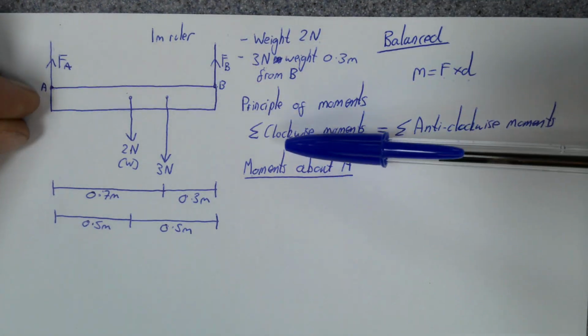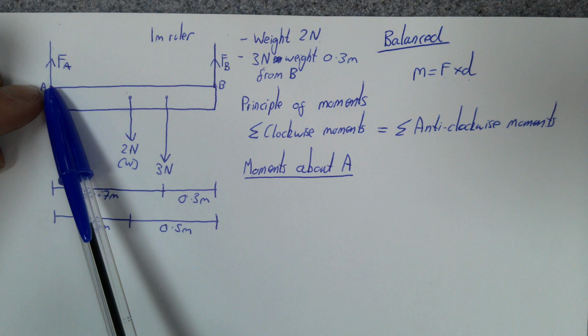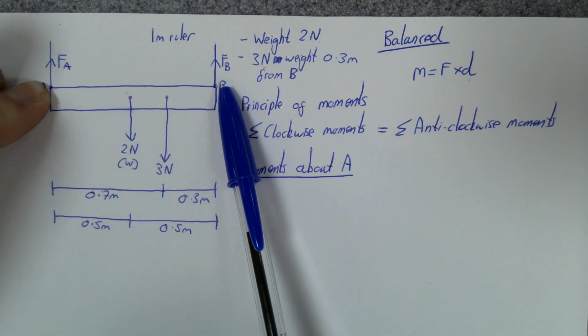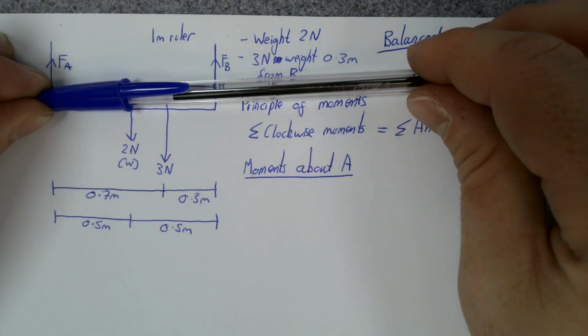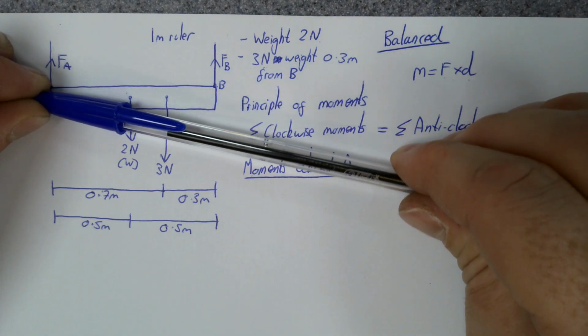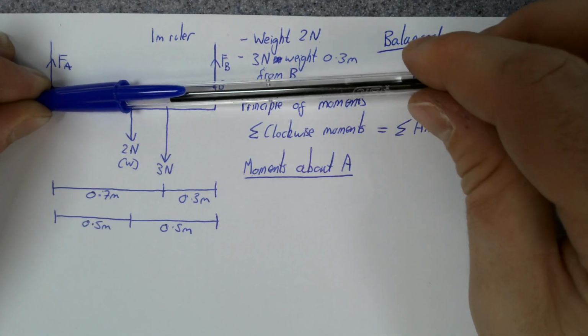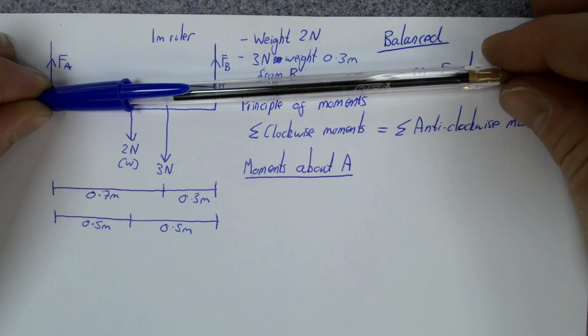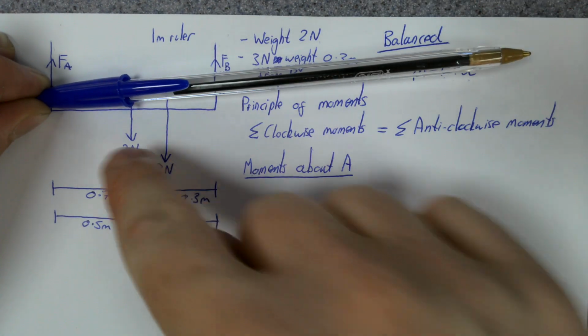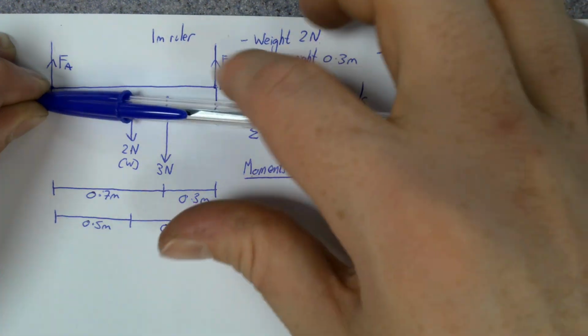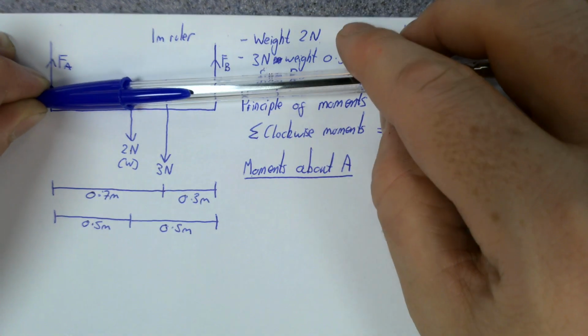So moments about A, thinking about A as the pivot and B as a point that could move, you've got 2 forces here that are going to, in theory, try and pull it down. So that's your clockwise moment. You've also got a force B, that's trying to pull it up. Now the moments are balanced, so it's not moving, but on their own, these two would pull it clockwise, and this one would pull it anti-clockwise.